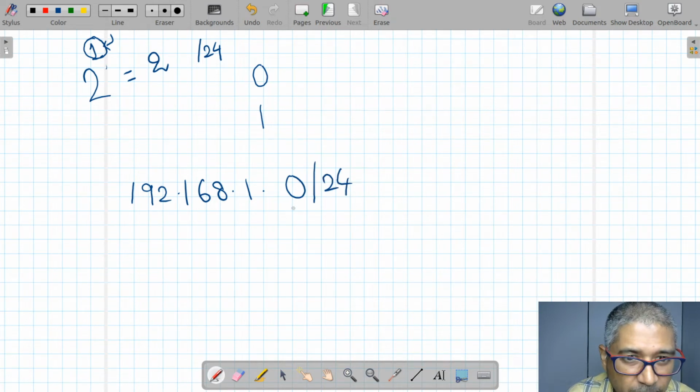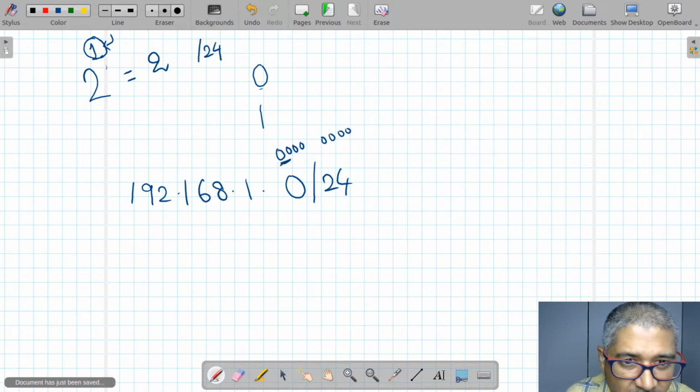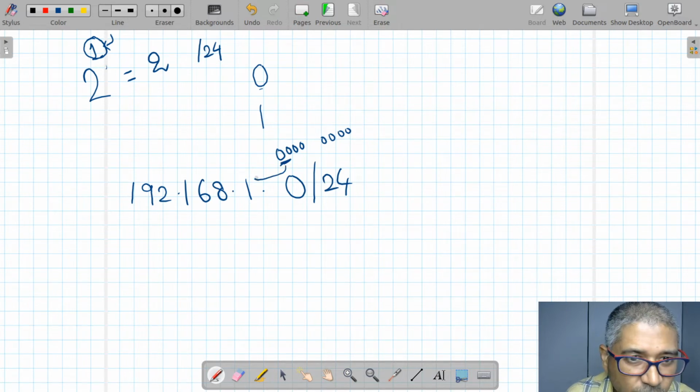Now you bring one bit here, so this value becomes 0 and 1. Earlier it was 8 bits. Now this first bit goes into the network section. This becomes the network.